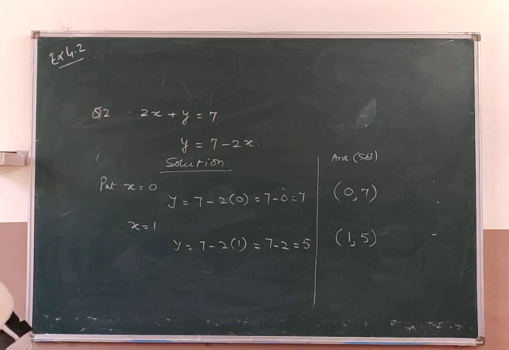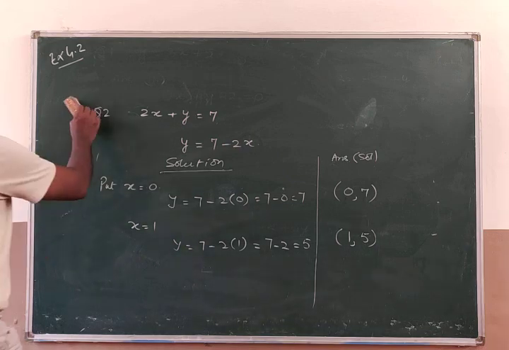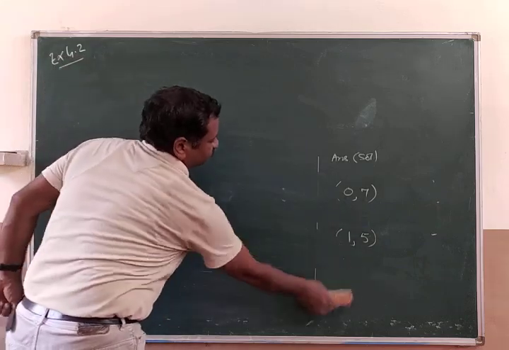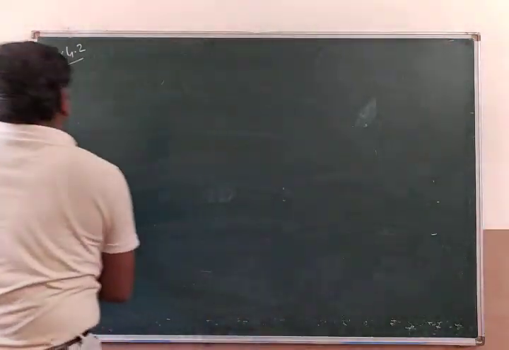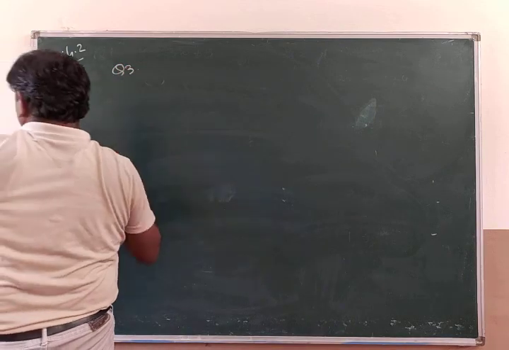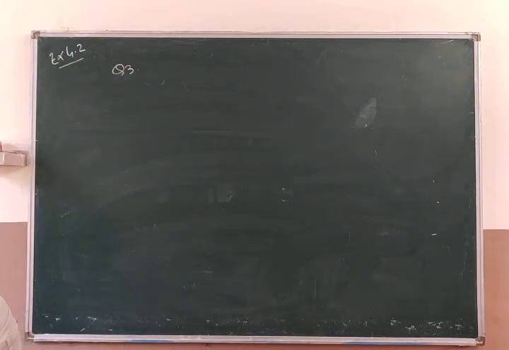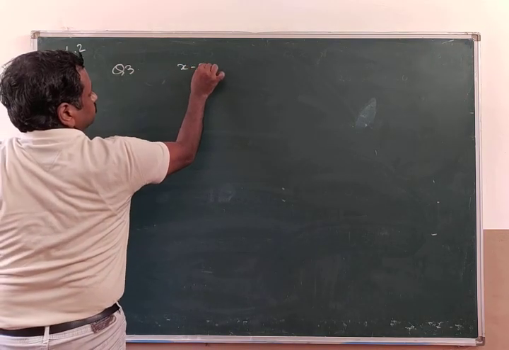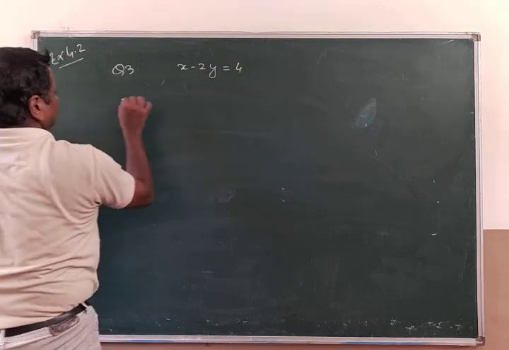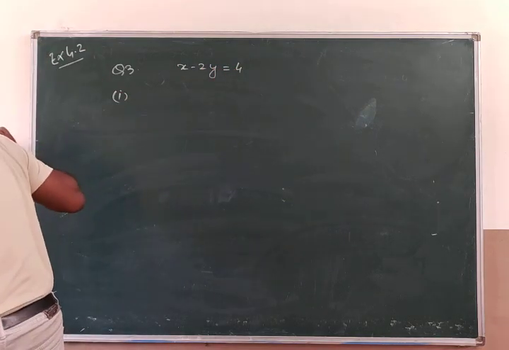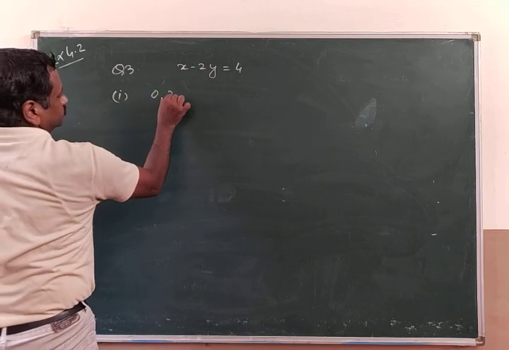Now question number 3, that is, check which of the following are solutions of the equation x minus 2y equal to 4. First part 0, 2.